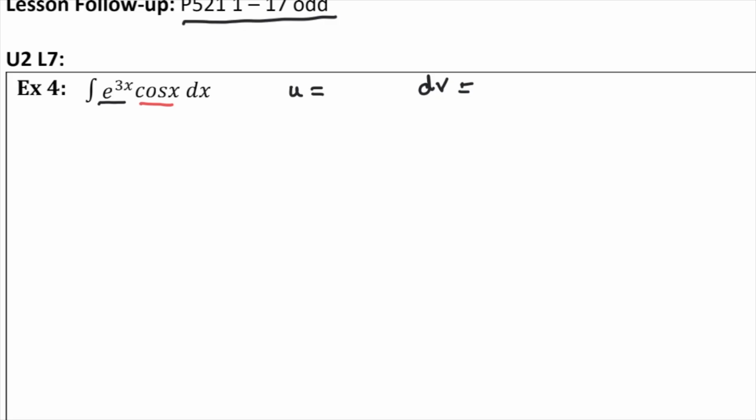Let's see what happens. It does not matter which value you choose for u and dv. So I will choose u to equal e to the 3x, and dv is going to be my cosine x dx. All right, with that, du is going to be 3e to the 3x dx, and v is equal to the antiderivative of the cosine, which is your sine of x.